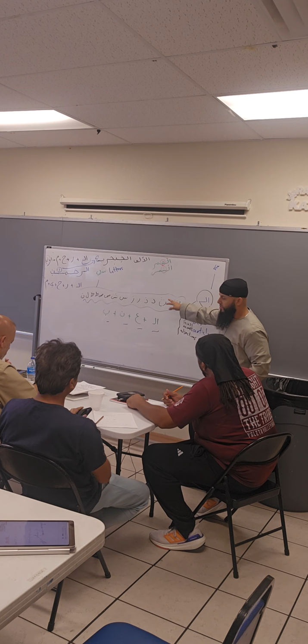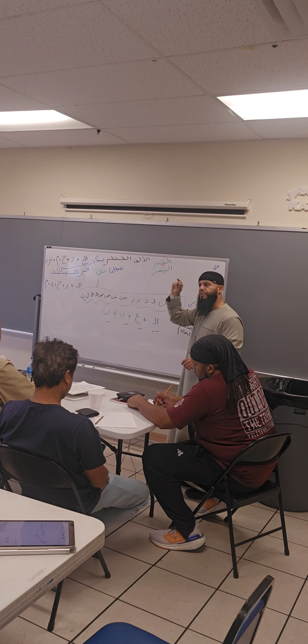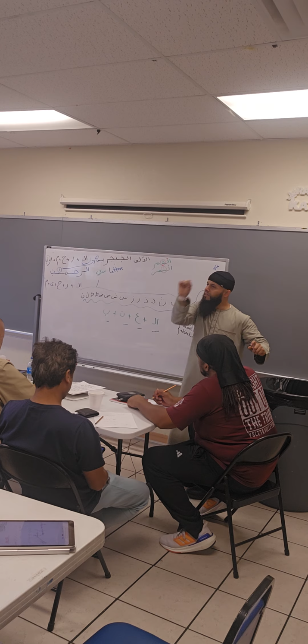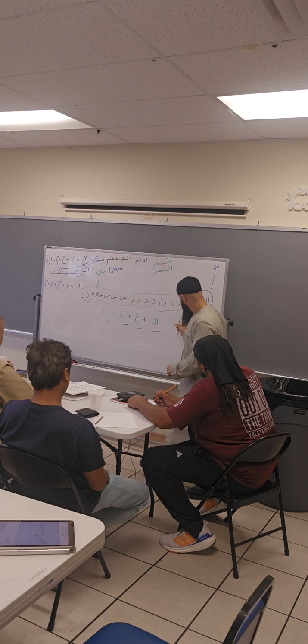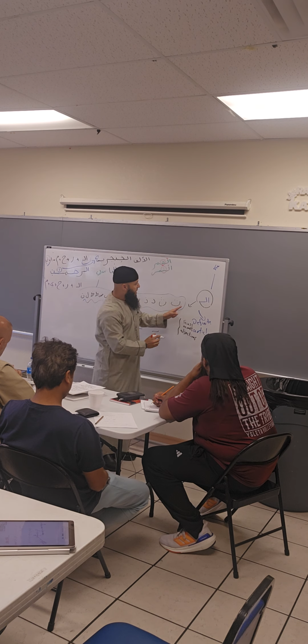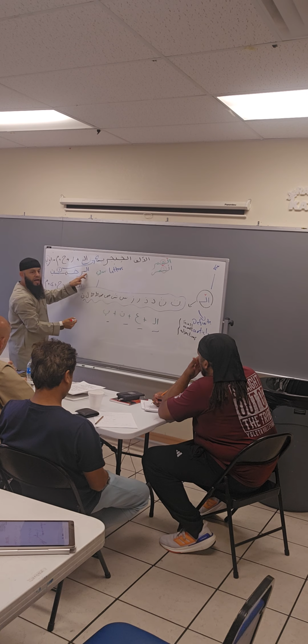The solar letters, guys: if you put it with the solar letters, try to put an X on the L, please. When you put L and then the solar letters next to it, put a little X so that you remember you don't pronounce it. So here, for example, we're not going to say Al-Rahman.